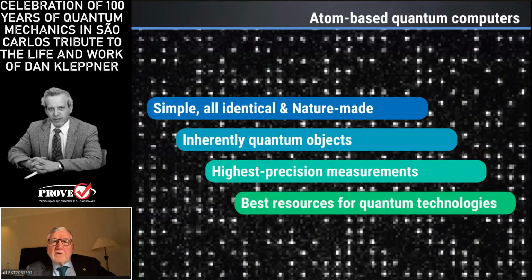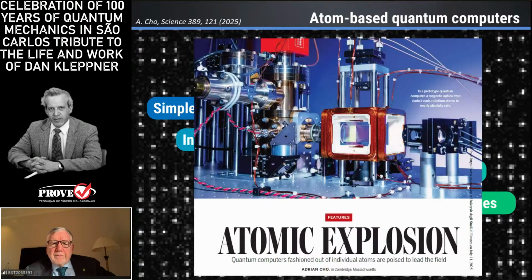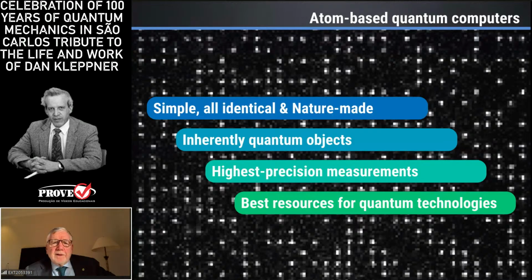So atom-based quantum computers are important because they are simple, they are quantum objects. And so people think that the atom-based quantum computers can really be the winner of this race towards quantum computing.